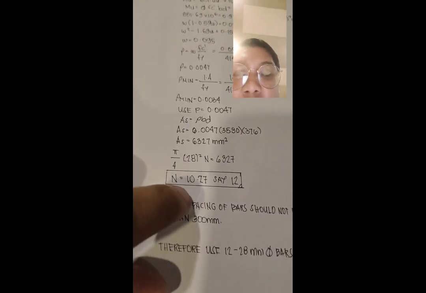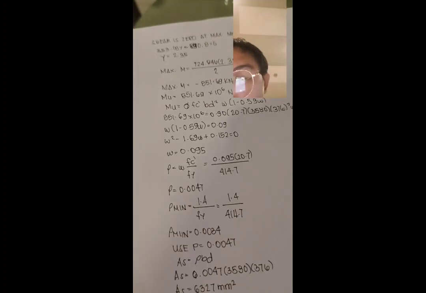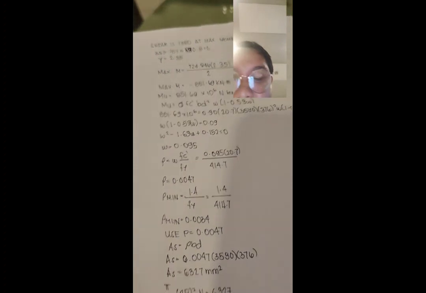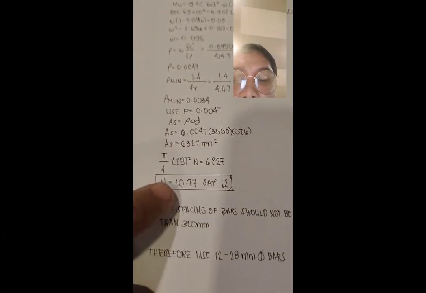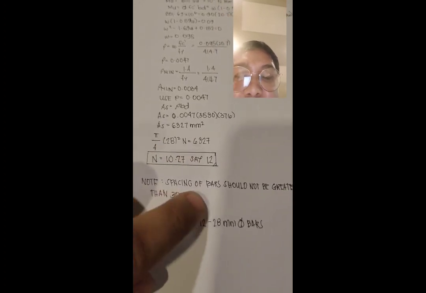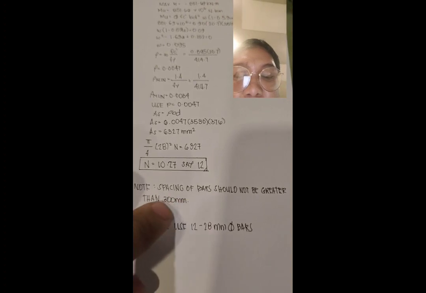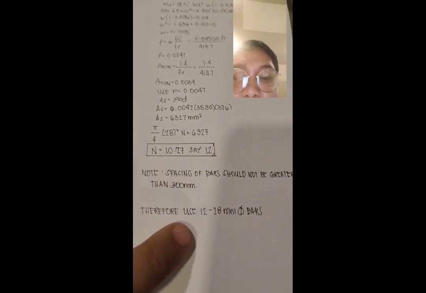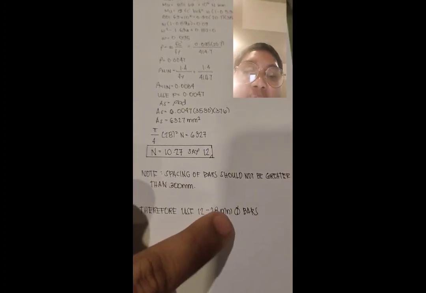So, number ng hinahanap natin, yung reinforcement along longitudinal section is 10.27. Say 12. Kaya bakit 12? Ni-round up natin ng 12, kasi sabi niya, note spacing of bar should not be greater than 300 mm. Therefore, use 12 na 28 mm diameter bars.